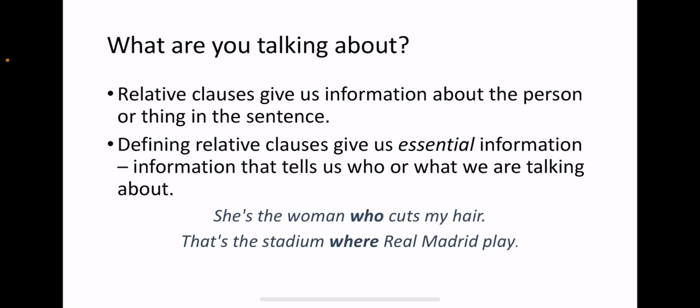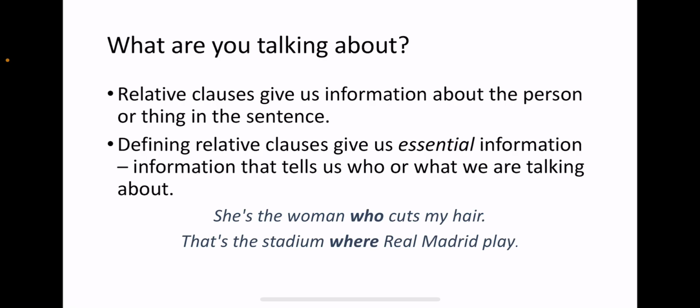Now, we can include a relative clause in the sentence using pronouns. And the pronouns are going to help us connect the subject with the description. The woman, with the description, cuts my hair. The place, stadium, with the second part, which is the description, Real Madrid play.